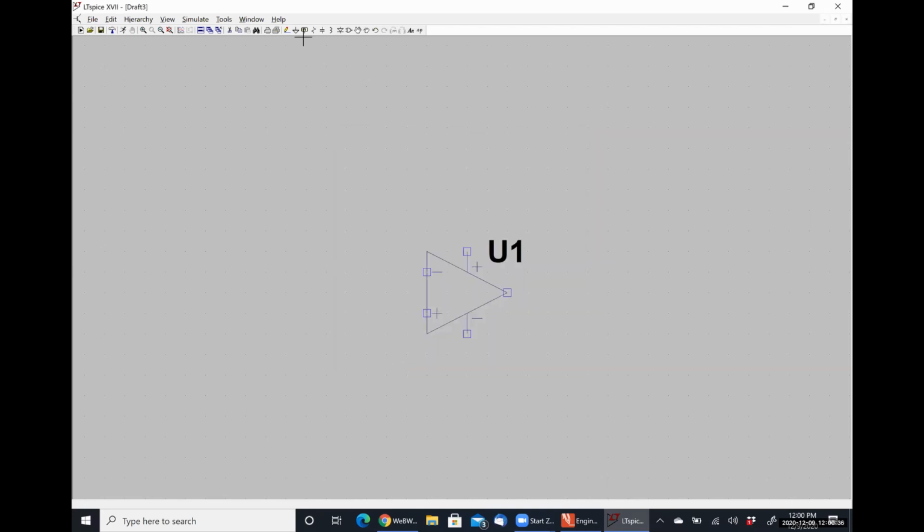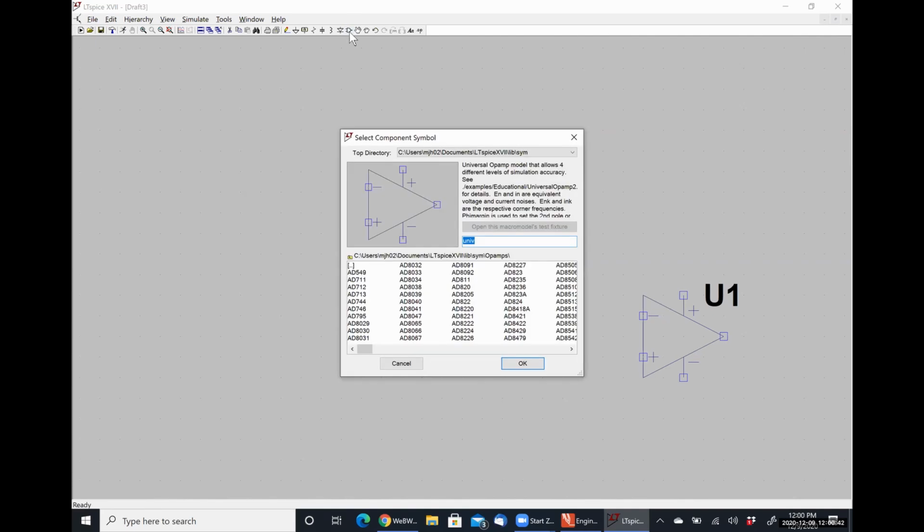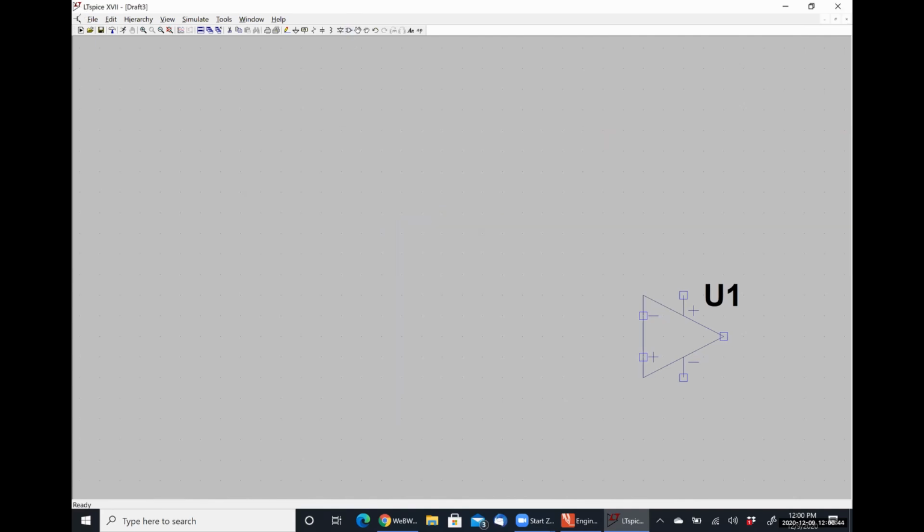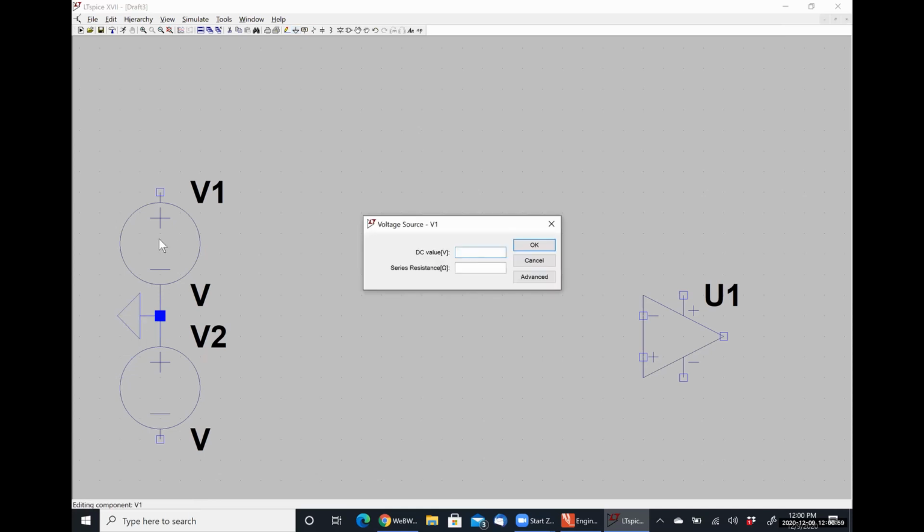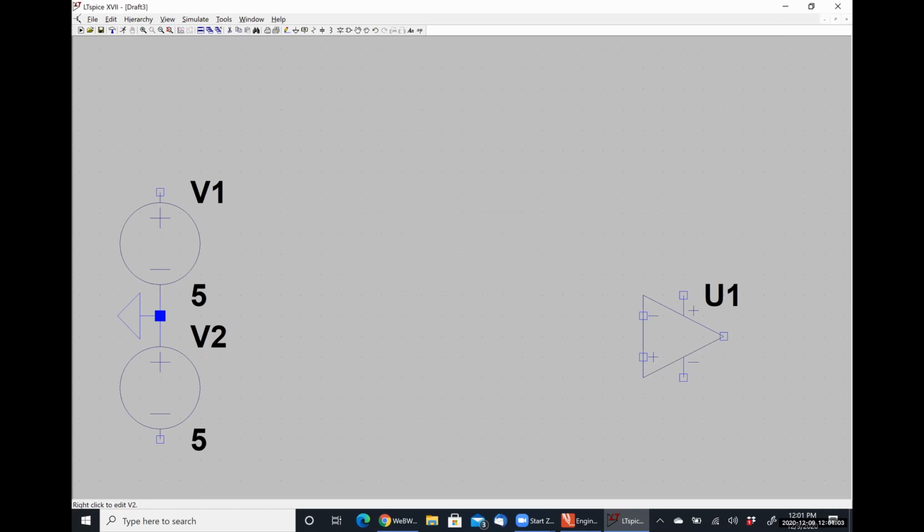Okay. So first thing I'll do is get those power supply voltages out of the way. And just for the sake of argument, let's do 5 and -5.